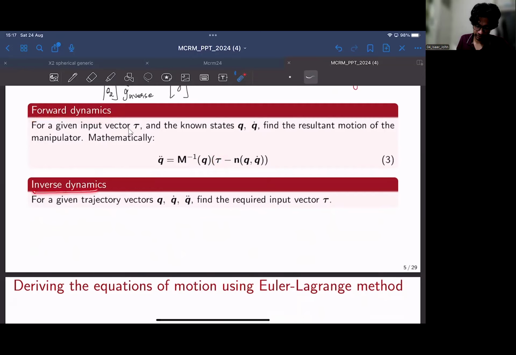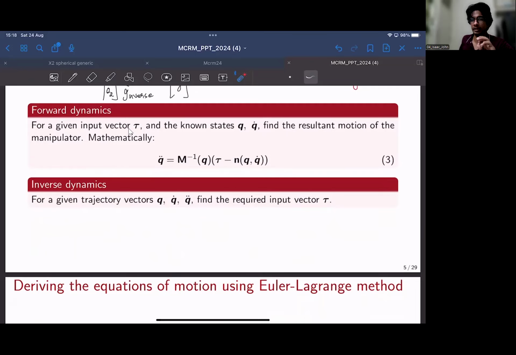And in case of inverse dynamics, it says for a given trajectory of vectors q, q dot, and q double dot, maybe a desired position, desired velocity, and desired acceleration, finding the required input vector tau. That is inverse dynamics. So it's similar to inverse kinematics. Inverse dynamics is actually a problem of controlling the robot.